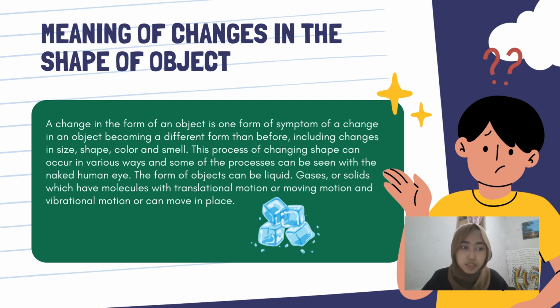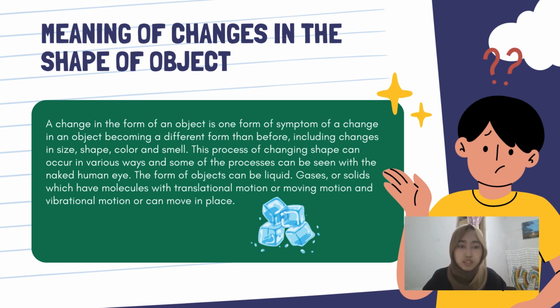This process of changing shape can occur in various ways, and some can be seen with the naked human eye. The form of an object can be liquid, gas or solid, which have molecules with translational motion, or moving motion, and vibrational motion, or can move in place.